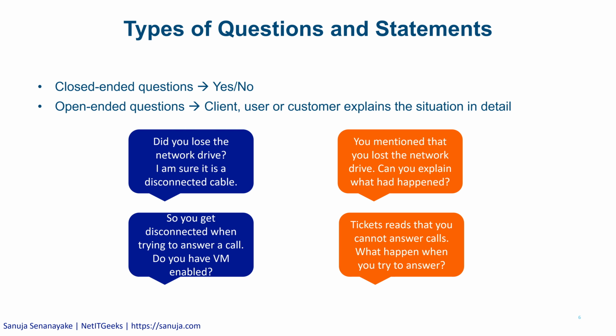What that basically means is you are telling your end user, the party that has submitted the ticket, that I think it is a disconnected cable and that's the route I'm going to take to fix this problem. As opposed to an open-ended question, which would be: you mentioned that you lost the network drive. Can you explain what had happened?